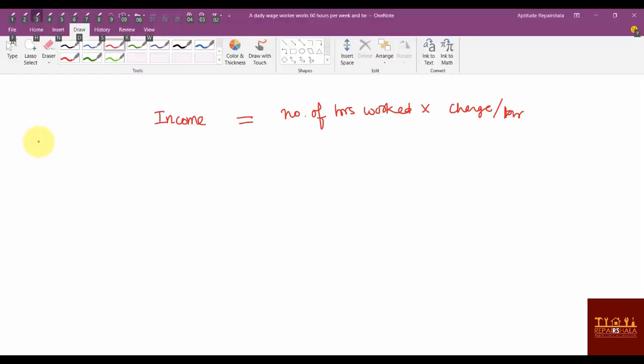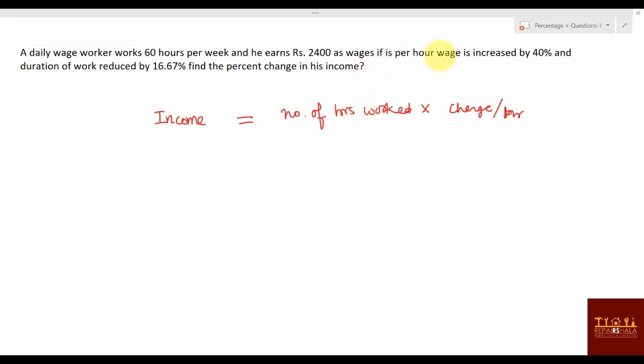Now look here. Per hour wage is increased 40%, and 40% increase means, can you say this is plus 2 by 5? And here reduced by 16.67 percentage means number of hours or duration of work has 16.67 percentage reduction, or you can say minus 1 by 6.